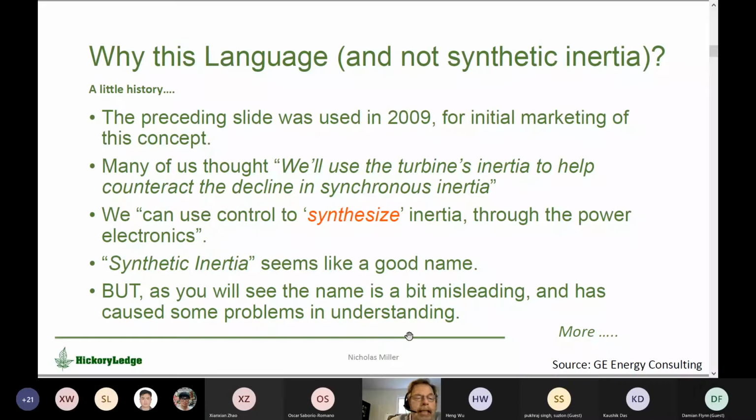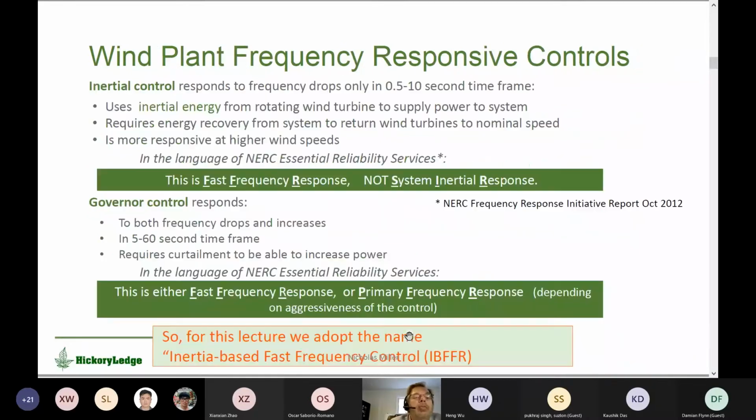At the end of today's lecture, I'll talk a little bit about grid forming inverters, but for the most part, we are going to talk about frequency response of present technology commercially available turbines.